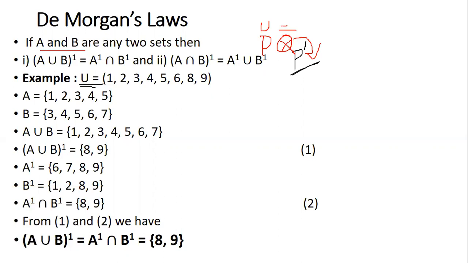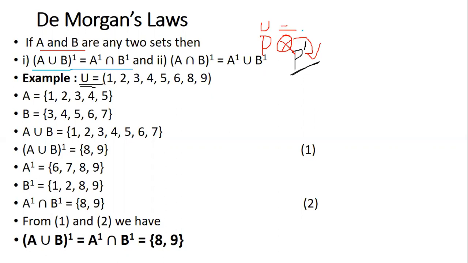Then the second rule, which has the intersection part: A intersection B complement is equal to A complement union B complement.